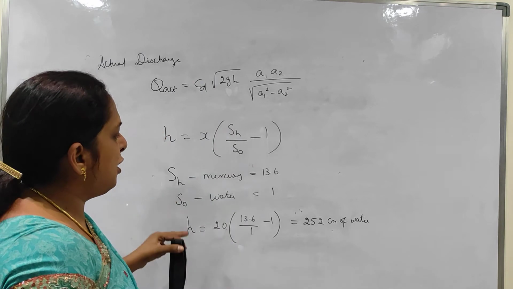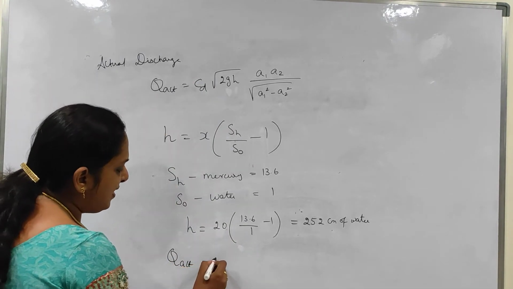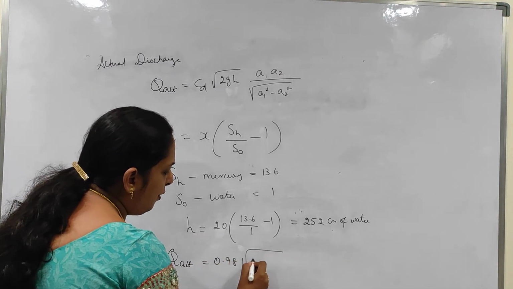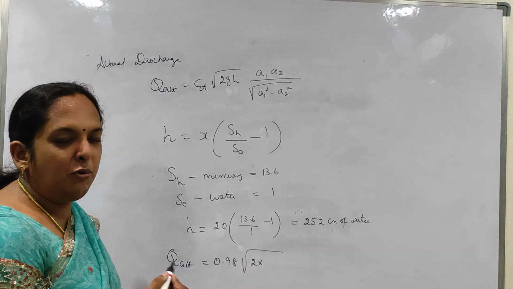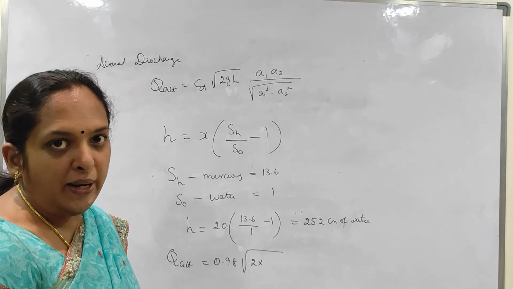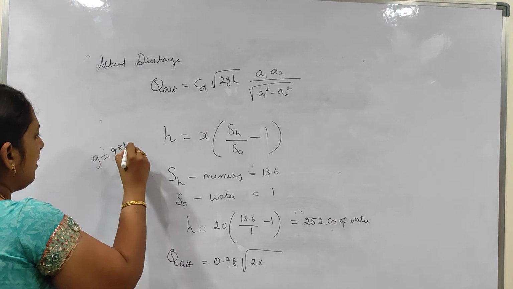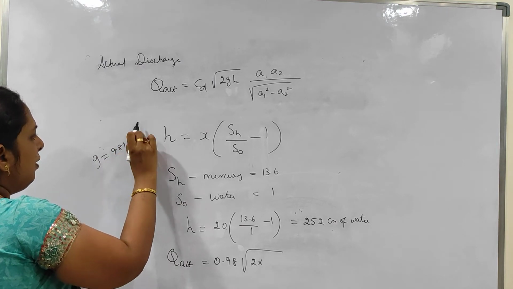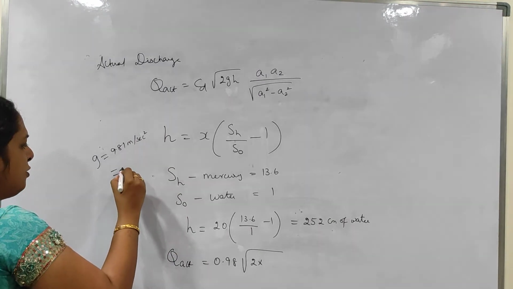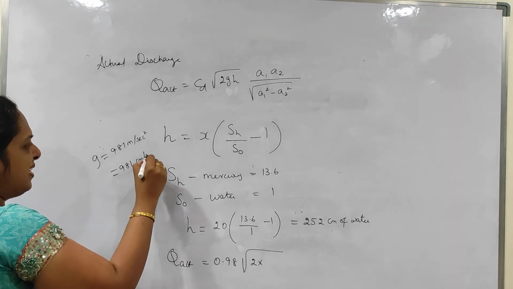Now we know the head also. Now just substitute in this equation: Q actual is equal to CD, which is given in your problem as 0.98, root of 2 into G. Usually the unit of G is 9.81 meter per second square, but we are going to convert this into centimeters, so it is 981. 1 meter is 100 centimeters, so 981 centimeter per second square.